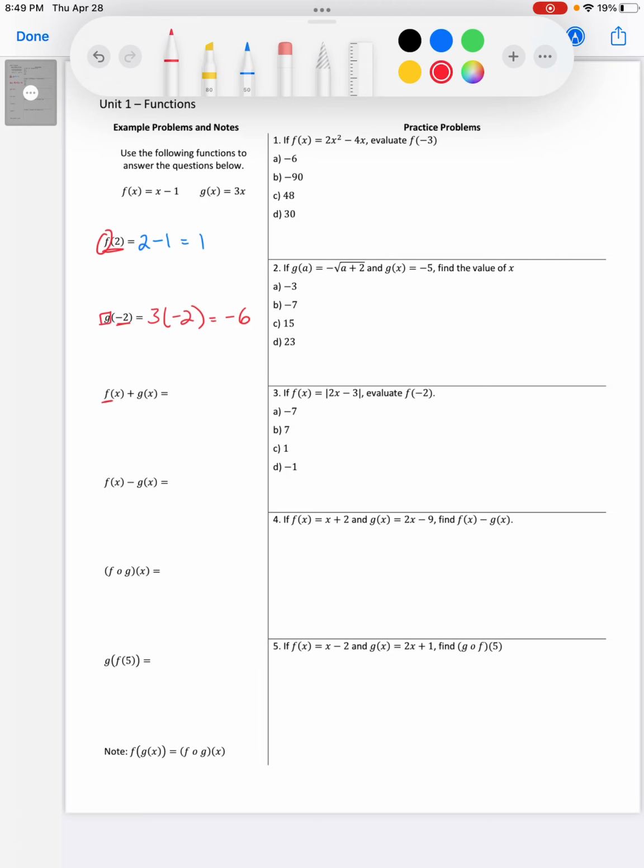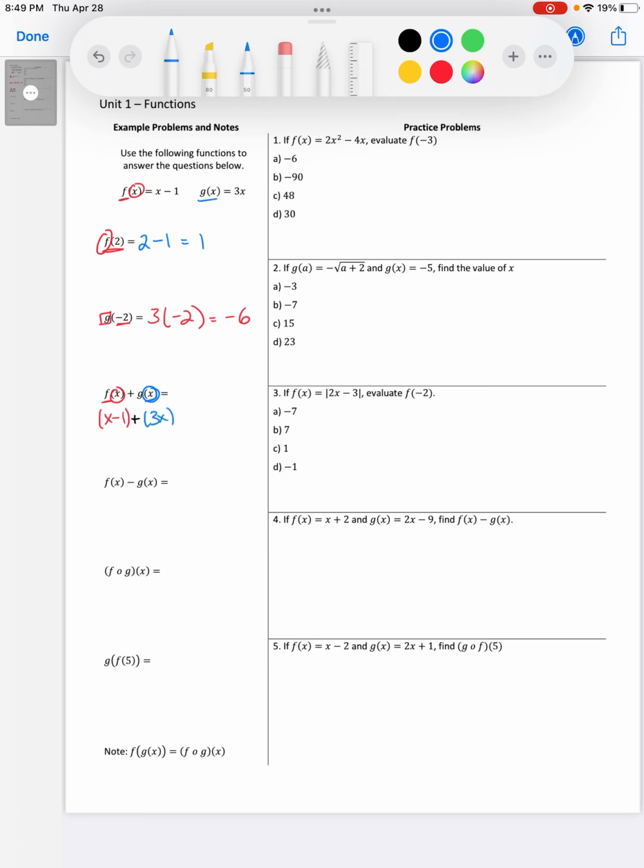This says f. That says f. That's an x, that's an x, so I'm not changing anything. So I'm going to have x minus 1, because I'm using the equation that says f. So I'll put that in parentheses. Then plus g. This one says g. Still an x, so that's not going to change. So plus 3x.